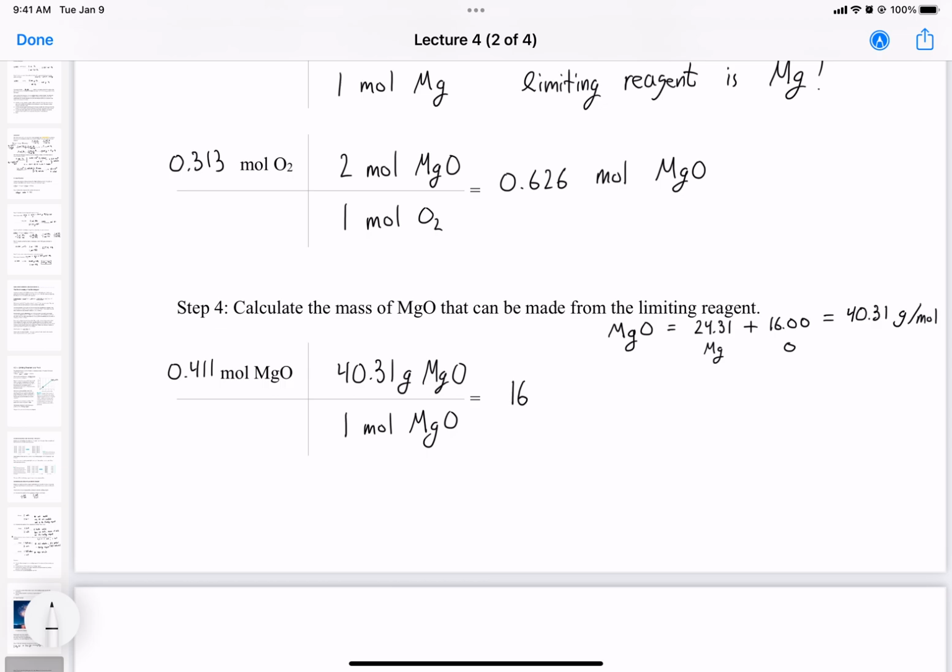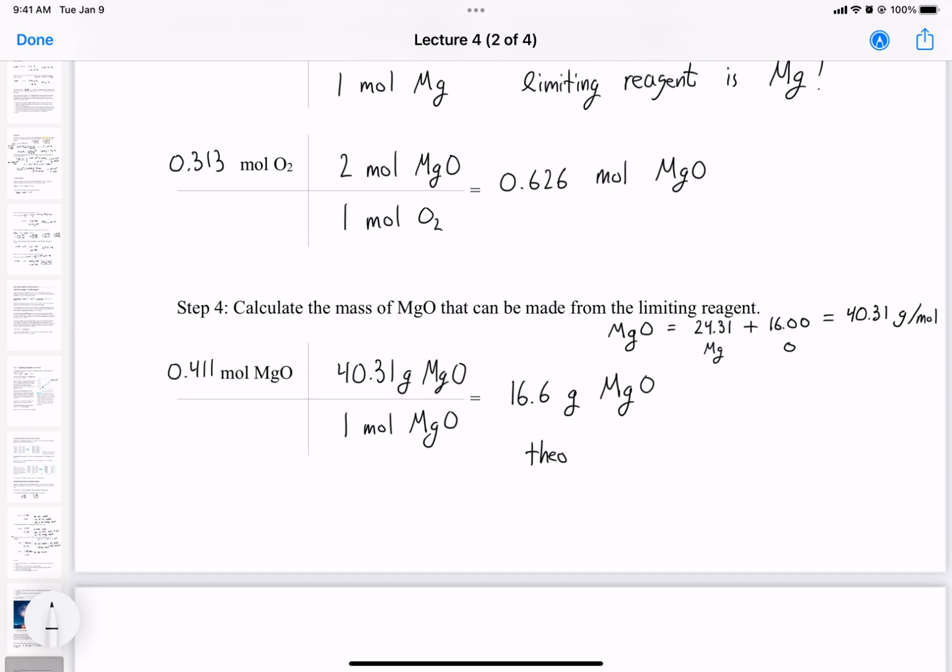Let's double check. 0.411 times 40.31. Yes, we get 16.6 grams of magnesium oxide. Even though that's not a lot of moles of magnesium oxide, it's still a fair amount in grams. Even though it's 0.4, and we don't have whole numbers of moles, it's still a lot of mass in terms of weighing it out. So in this case, this will be our theoretical yield.